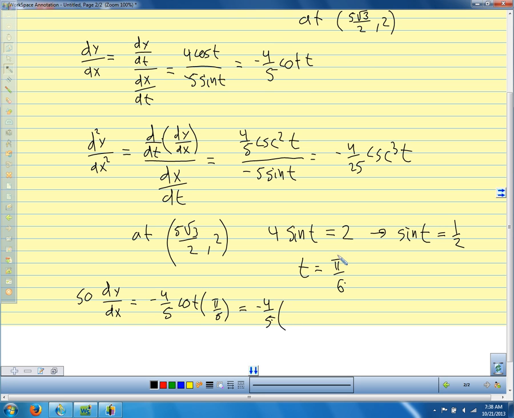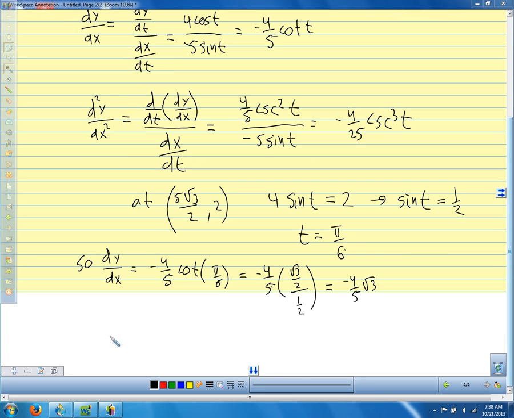How do we find the cotangent of pi over 6? Cosine of pi over 6 divided by sine of pi over 6, right? So cosine of pi over 6, square root of 3 over 2, divided by 1/2, which gives me negative 4/5 square root of 3, since square root of 3 over 2 divided by 1/2 is just square root of 3. So there would be our slope at t equals pi over 6.